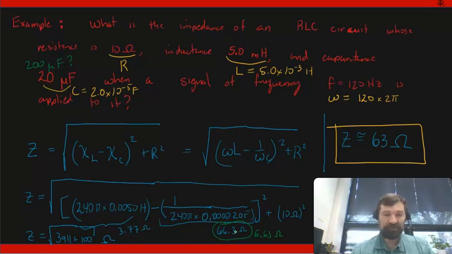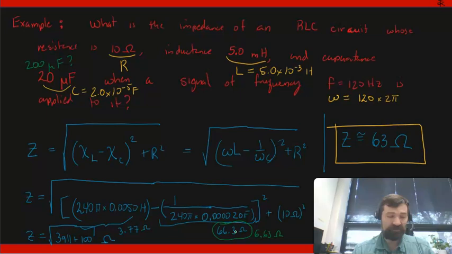And so instead of 3.77 minus 66.3, you now have something like 3.77 minus 6.63. And that gives you negative 2.86. Square that, you get 8.17. And that's pretty comparable to this 10 ohms resistance that you have.